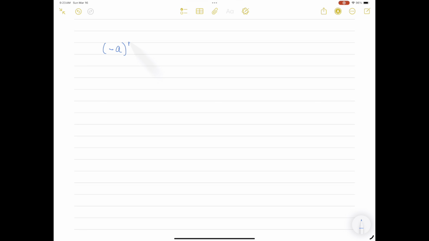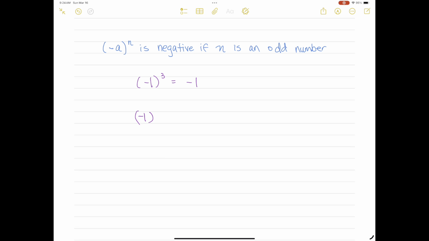On the other hand, negative a within the parentheses to the nth power is negative if n, or the exponent, is an odd number. So negative 1 within parentheses to the third power is negative 1. Negative 1 inside parentheses to the 49th power also equals negative 1.